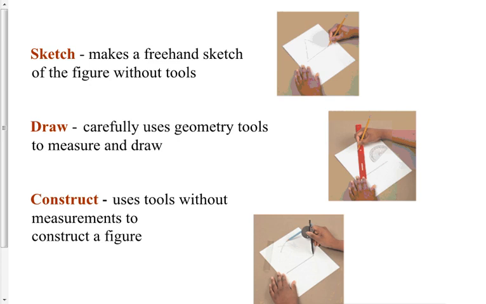Those numbers mean absolutely nothing to us when we are constructing. You may very well be using a ruler as a straight edge. Those numbers on that ruler mean absolutely nothing to us when we are constructing. Okay? When you create a geometric construction, you're using a compass and a straight edge only. And you'll see how we go through that here in a second.